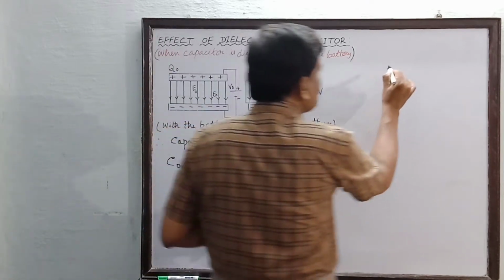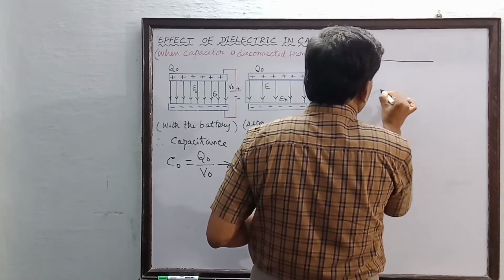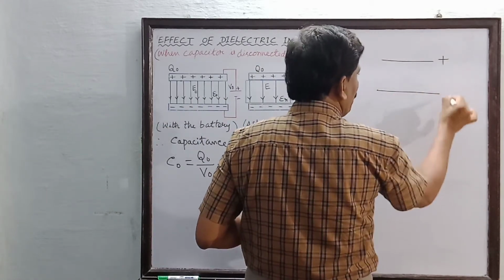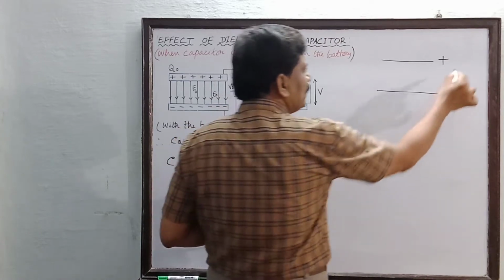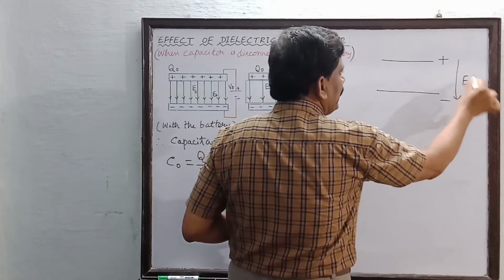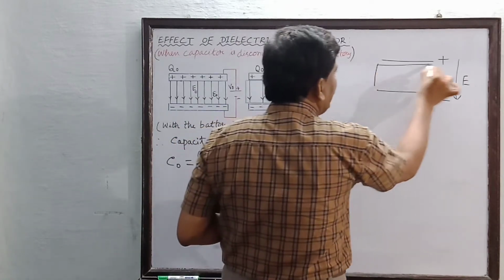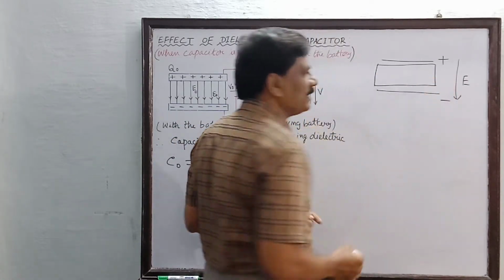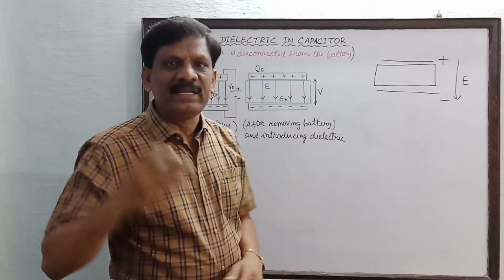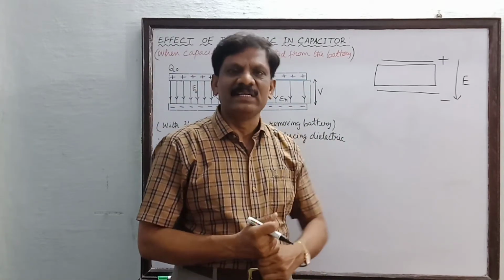See, we have already studied this concept, is it not? Suppose these are the plates, positive and negative, there is an electric field in the downward direction. This is the external electric field. Suppose a dielectric slab is introduced, what will happen? Dielectric polarization will happen. We have studied this, or not?